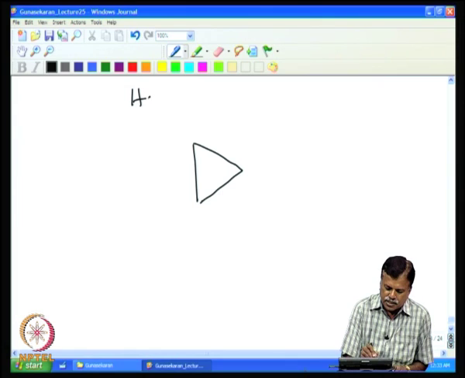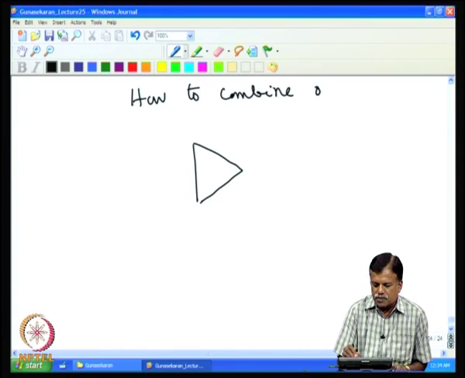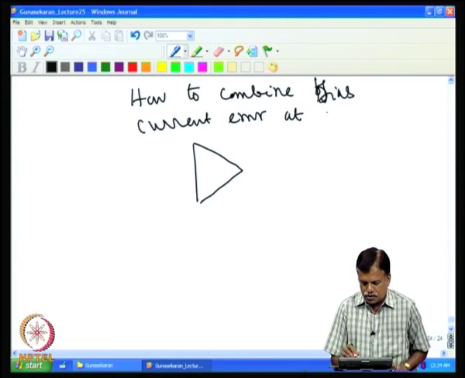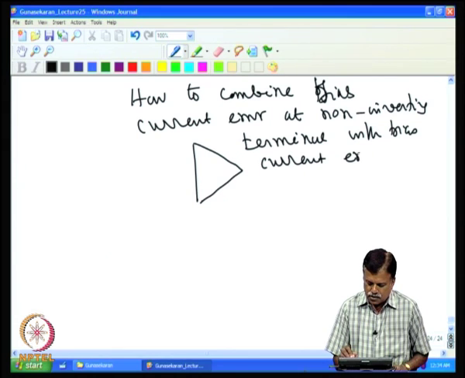So, how to combine both errors? How to combine, offset the bias current error at non-inverting terminal, inverting terminal with bias current error in inverting terminal.